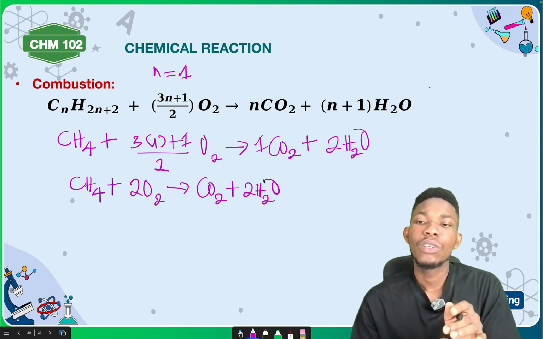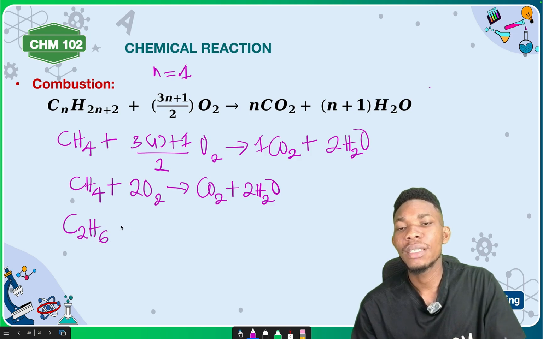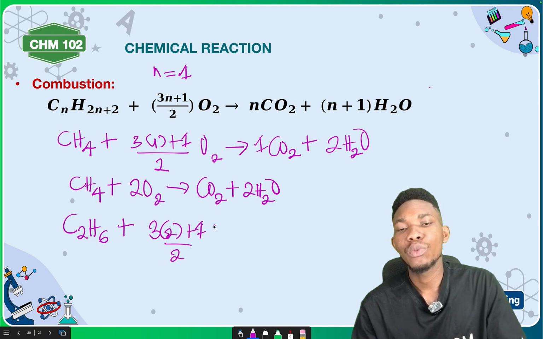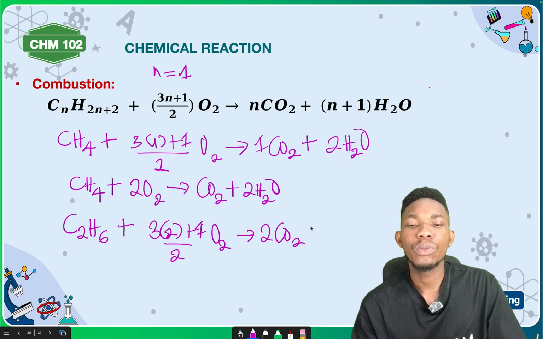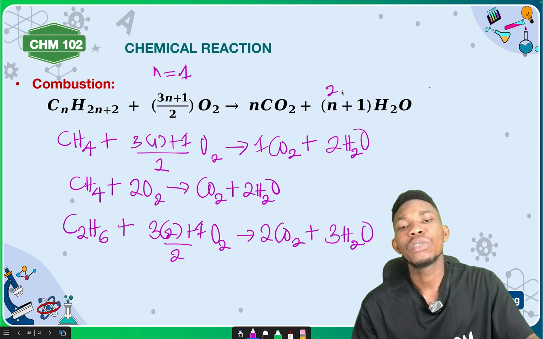Is that understood? So if our n is equal to 2, as in ethane, what will it become? C2H6 plus 3(2 + 1) divided by 2 O2 to give us 2 CO2 plus n plus 1, I mean 2 plus 1, which is 3 H2O, because n is 2.